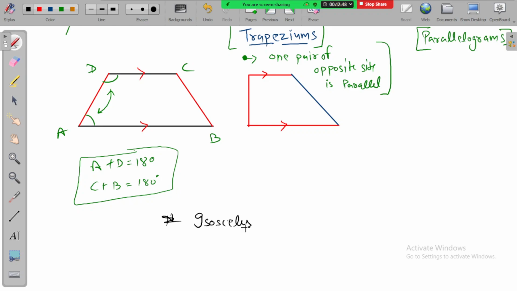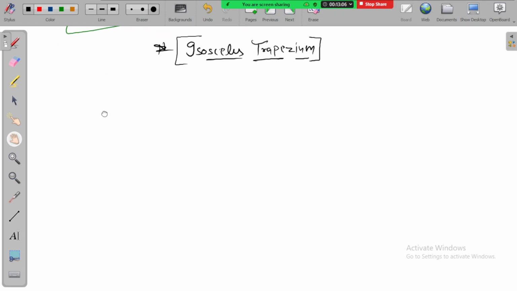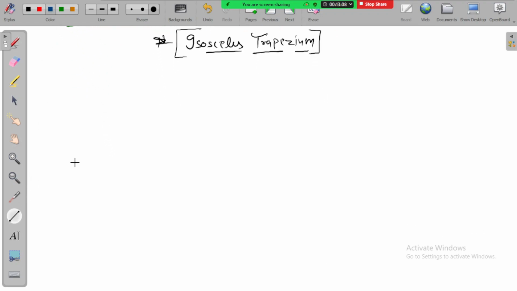Isosceles, what it is, if you are aware about it. How can you make a trapezium an isosceles? Are you aware about it? No? Okay. So look, if you have just a normal trapezium, I will make it first.